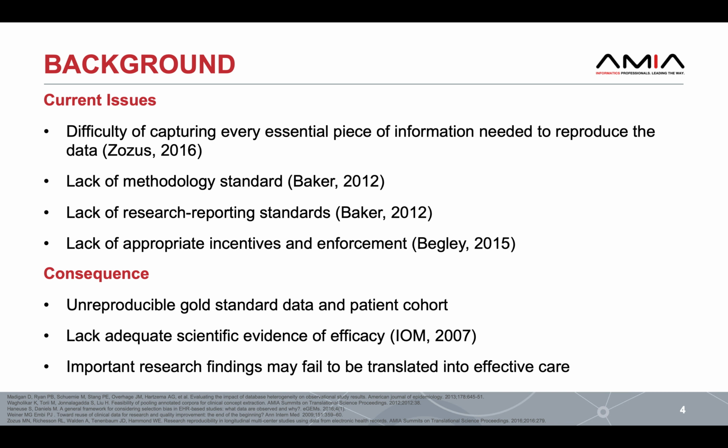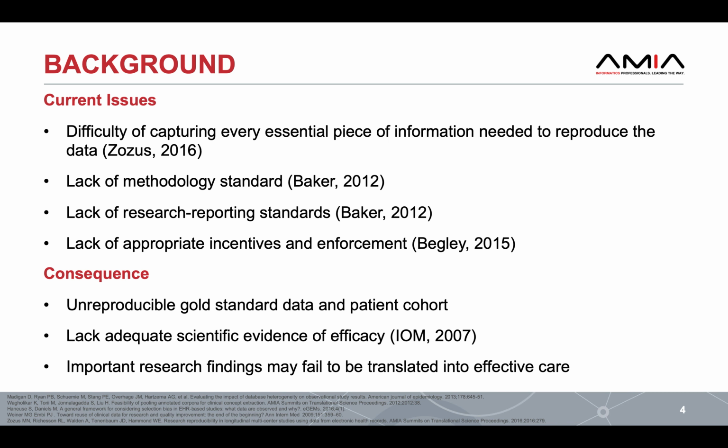Despite its popularity and great potential, there are many methodological challenges, particularly a lack of reproducibility, a lack of research reporting standards, and poor adherence. This will ultimately result in translation not happening and not being made into broader-scale implementation.